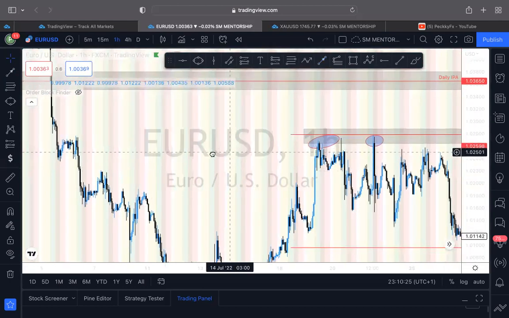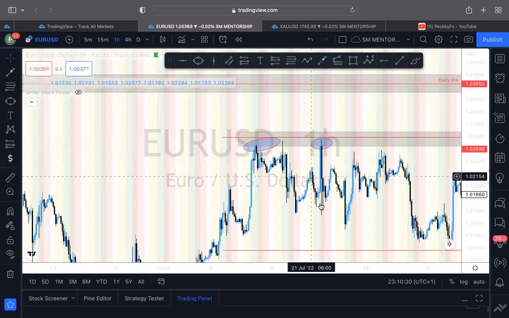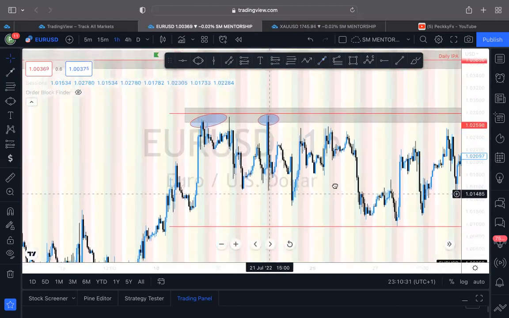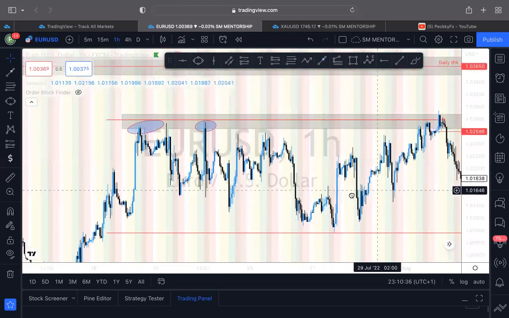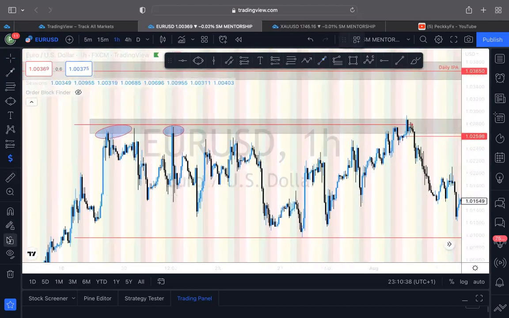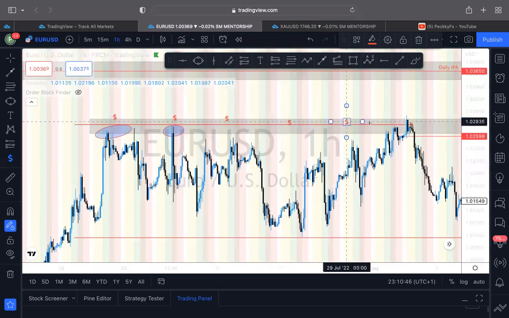This is where I want the retest to happen, and the market was just going up, down, up, down, moving sideways, gradually piling up orders here, piling up liquidity right here. See, piling up liquidity.